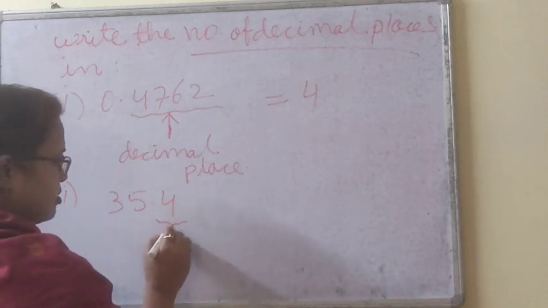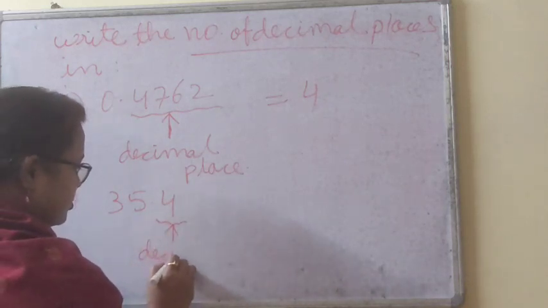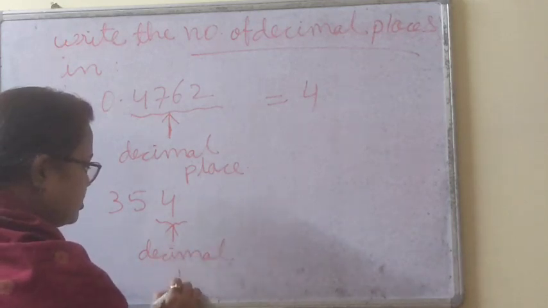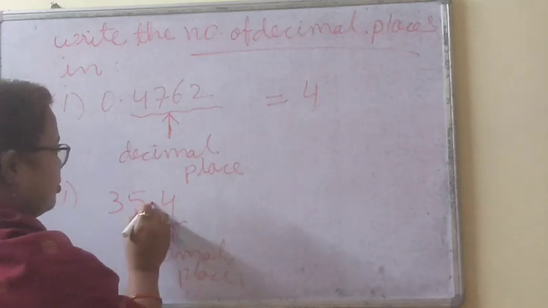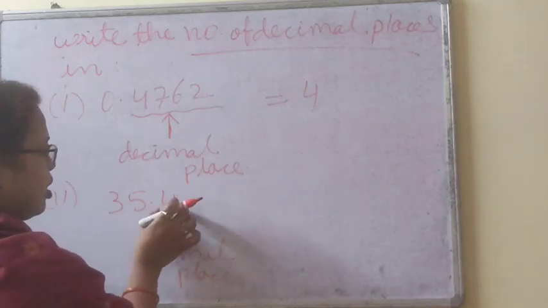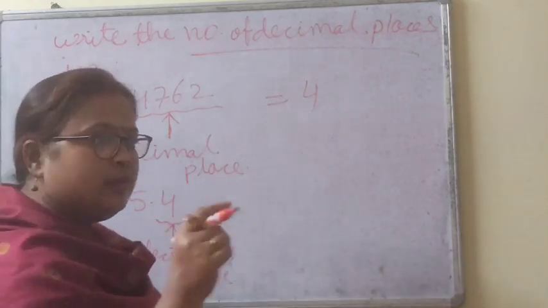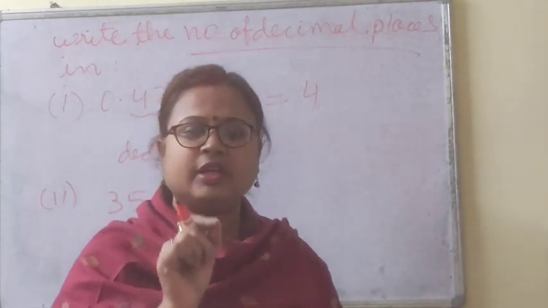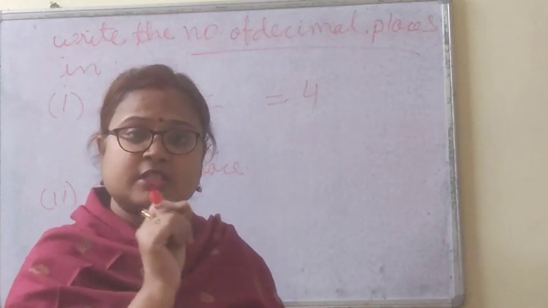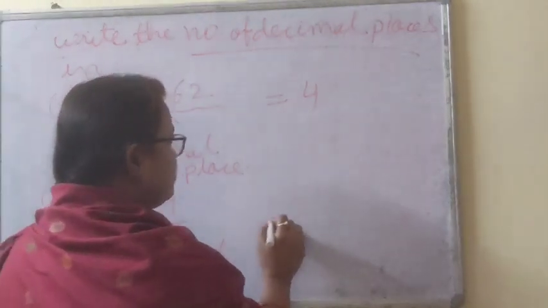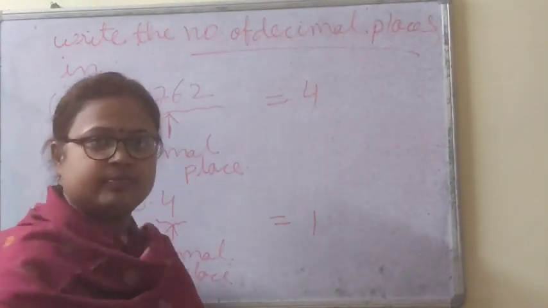This is the decimal place. Before this decimal, how many numbers are there? 1 number. Means decimal is placed after 1 number. So the number of decimal places here will be 1.